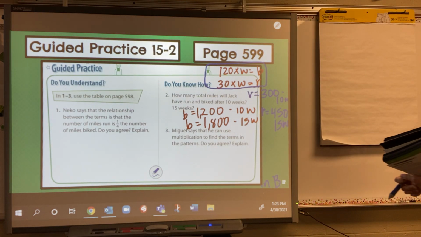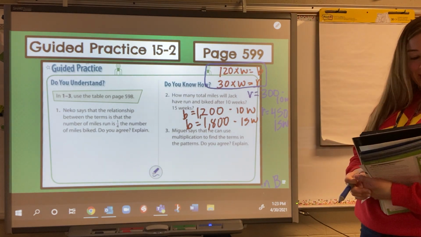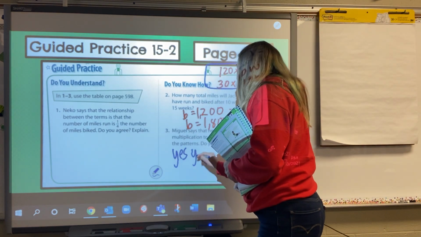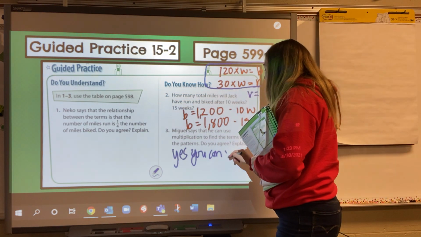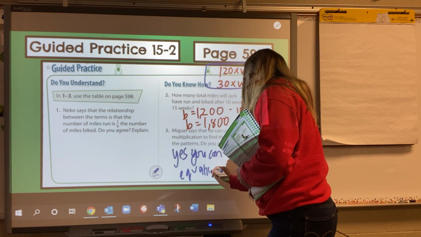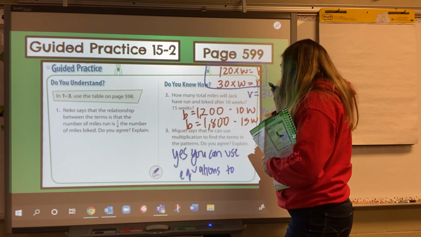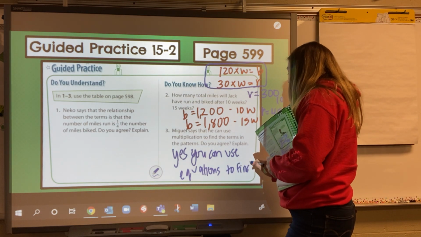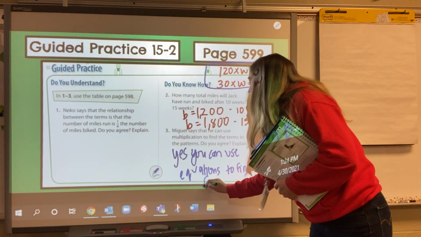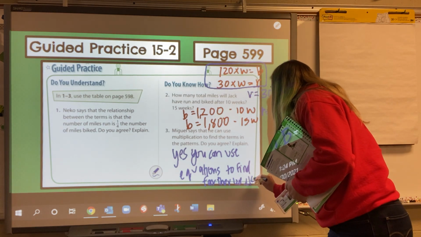Our last question says, Miguel says that he can use multiplication to find the terms in the patterns. Do you agree? And obviously we agree, yes, you can use equations to find bigger weeks or farther weeks out.